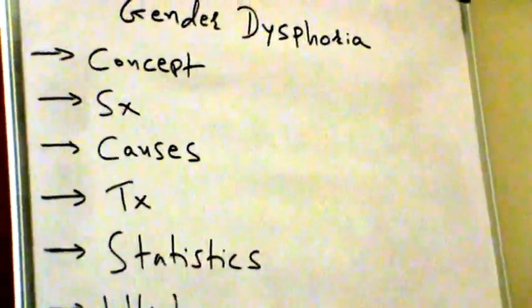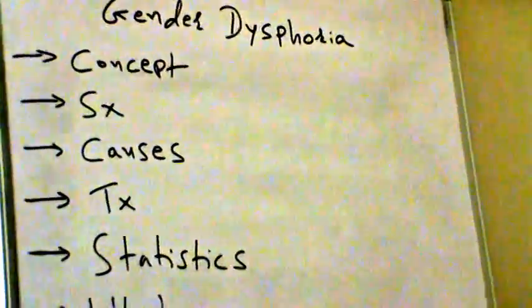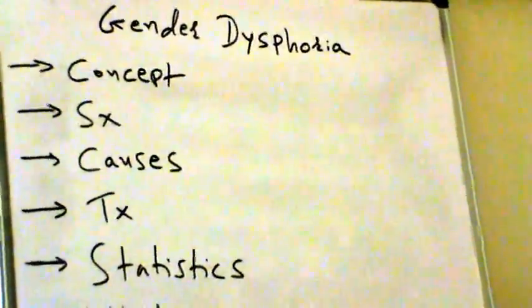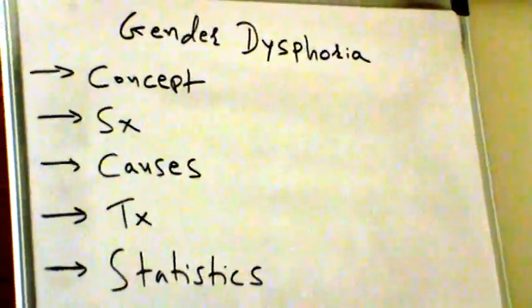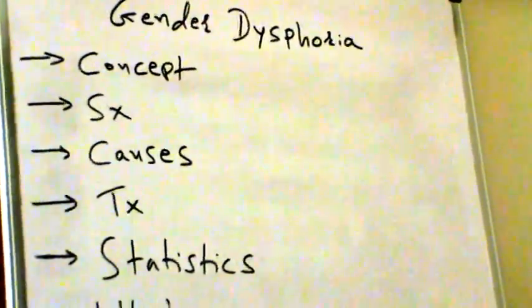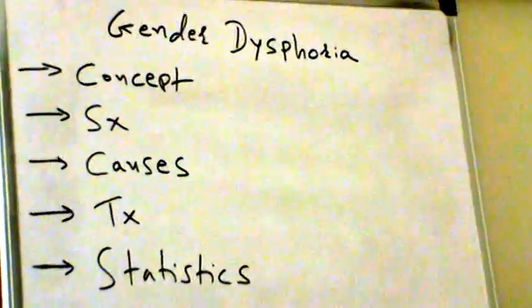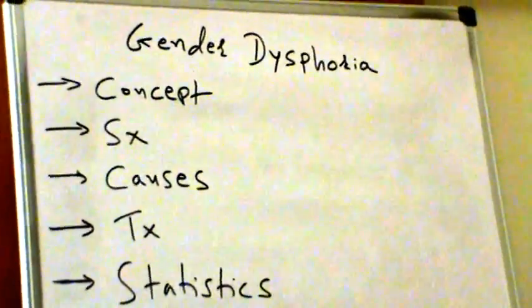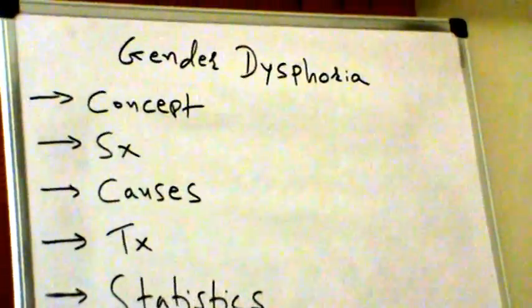Among the adults, the typical symptoms are desire to live as a person of the opposite sex, wish to be rid of their own genitals, dress in a way that is typical of the opposite sex, feel isolated, and of course have anxiety.